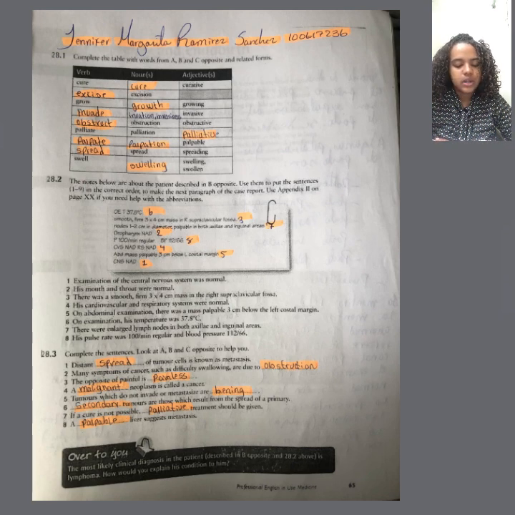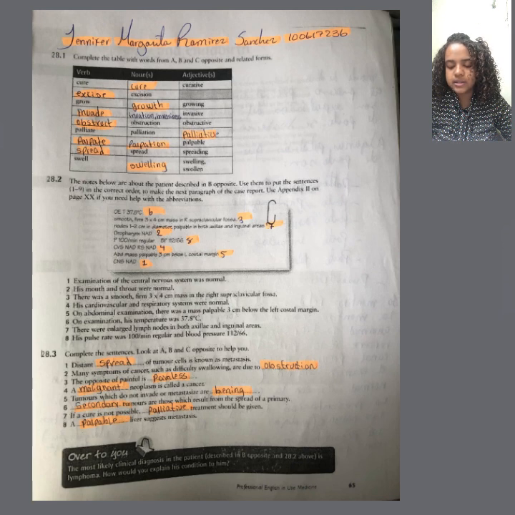Slowing. The notes below about the patient are described opposite. Use them to put sentences 1 to 9 in the correct order. This is the next paragraph of the case report.